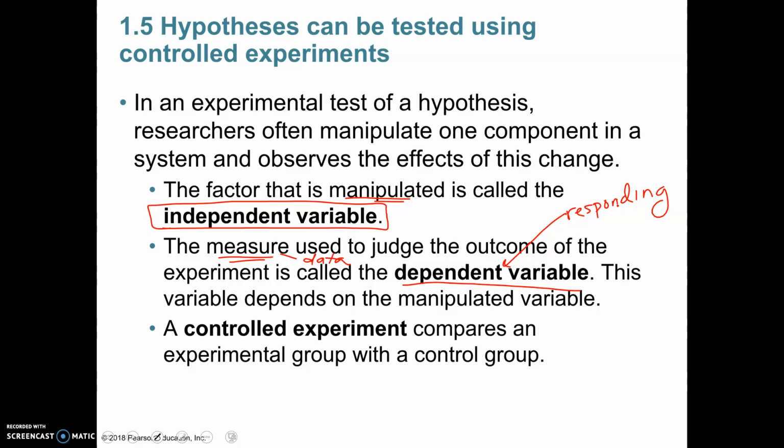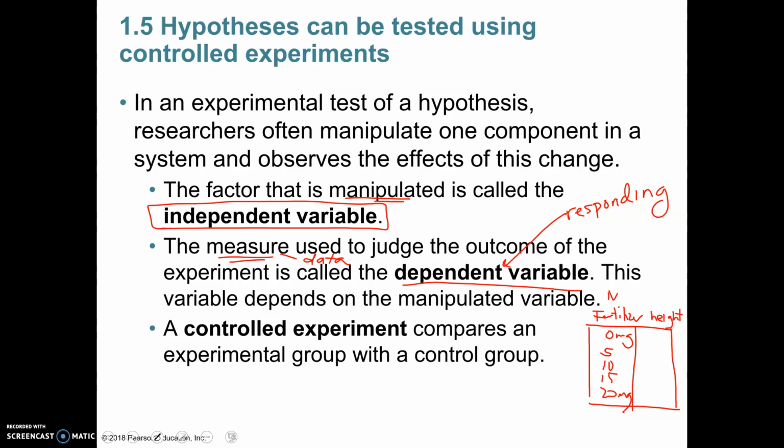A lot of times when you collect data in a data table, for example, let's say that we were doing some kind of a data table where you were adding different amounts of fertilizer. Fertilizer, and maybe you were going to measure how tall the plants were. Well, your independent variable would be what you were changing. So maybe I have 0 milligrams of fertilizer, 5 milligrams, 10 milligrams, 15 milligrams, 20 milligrams.